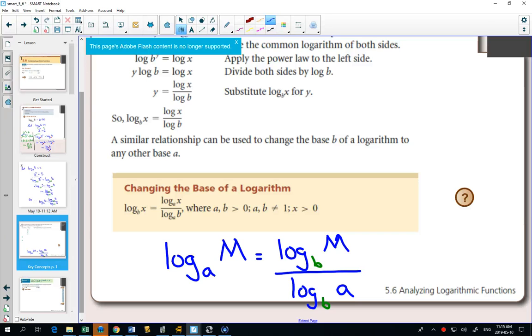That's why it's called the change of base theorem. The reason for it is what we just showed in our last example.